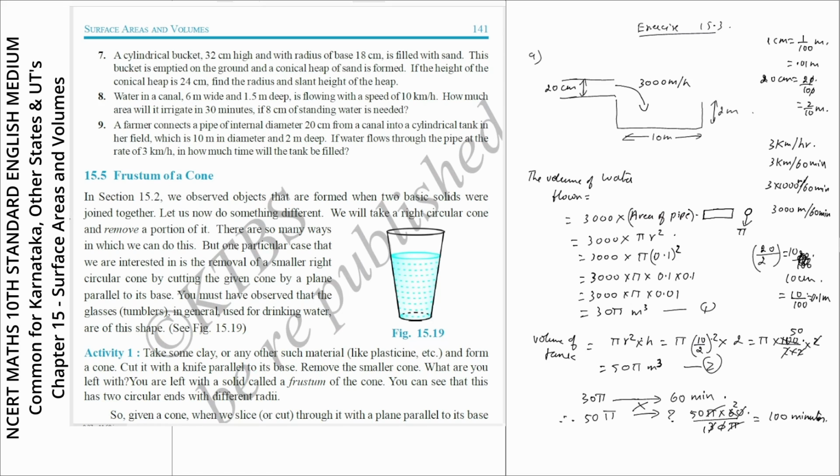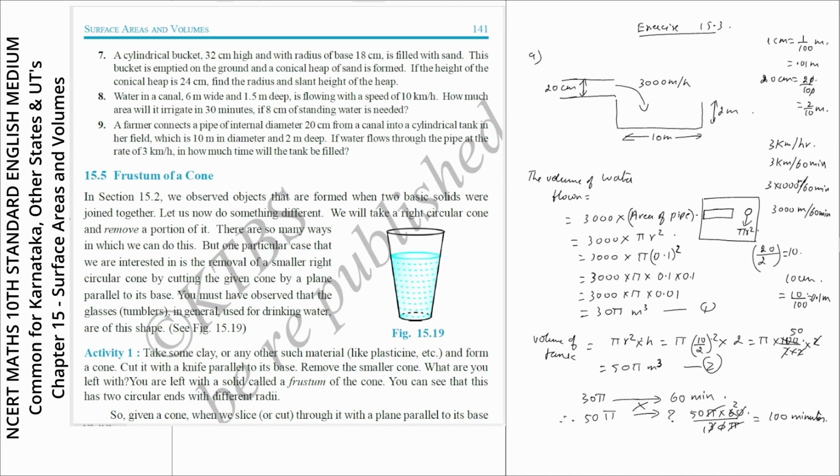This is pi r square, where r is the radius. So rate of flow of water into the cross section area of the pipe gives the volume, which I got as 30 pi meter cube. Area of pipe is nothing but the cross sectional area of the pipe.